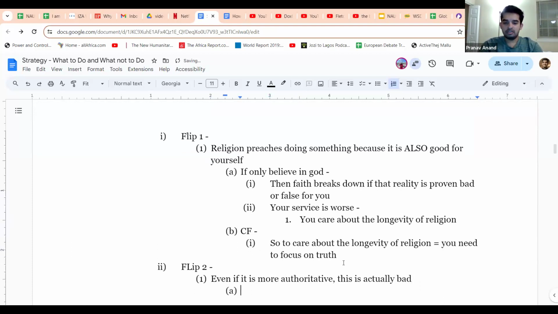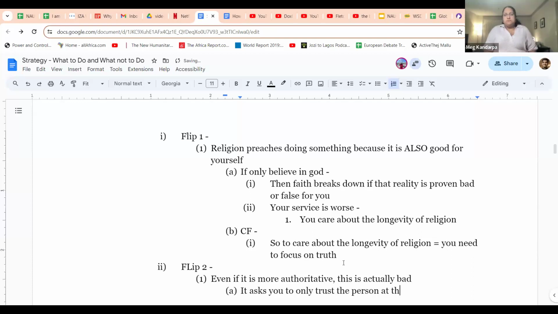And that's because it asks you to only trust the person at the top, right? So the problem with believing that it's God's word is, who is seen as the voice of God, right? It's seen as the priest in many instances. And that in very obvious means that anytime they have a bad incentive, then individuals just believe or buy into what they say, even if it's against their own interests.